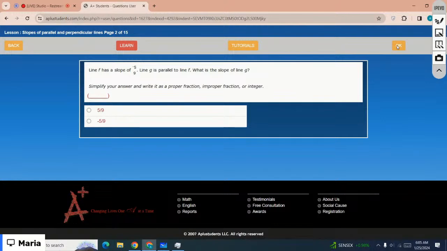The correct option is that they have exactly the same slope, right? Because the lines are parallel, they have exactly the same slope, that is negative 5 over 9.